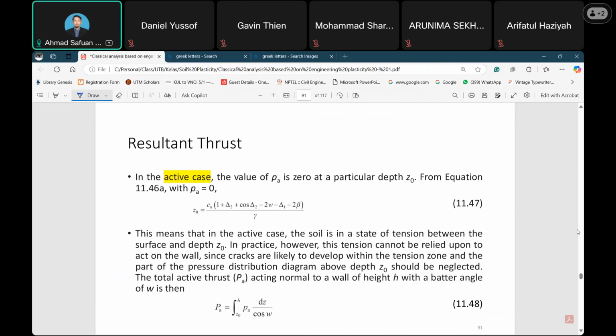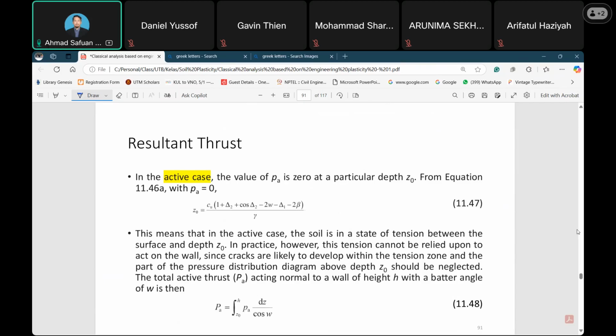So in practice, however, this tension cannot be relied upon to act on the wall since cracks are likely to develop within the tension zone, and the part of the pressure distribution diagram above depth Z naught should be ignored.